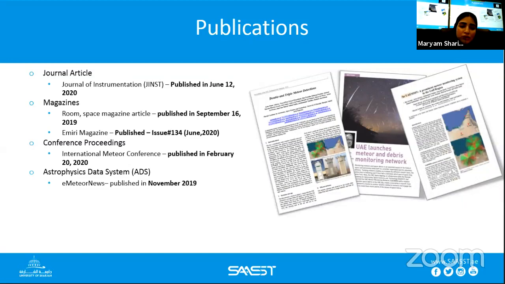Regarding the journal articles, we published in June 2020 in the Journal of Instrumentation, and we have two articles published in two different magazines, the Rome Space Magazine and Emery Magazine. And we have an International Meteor Conference paper published in February 2020, as well as some publications in Meteor News.